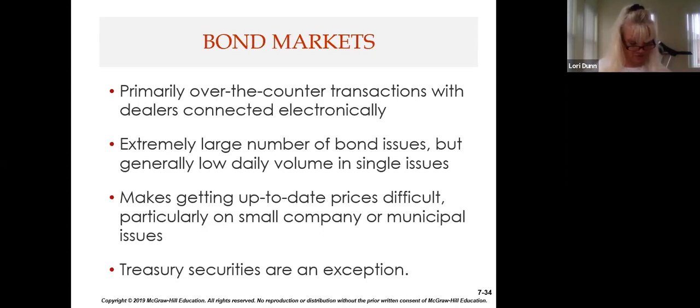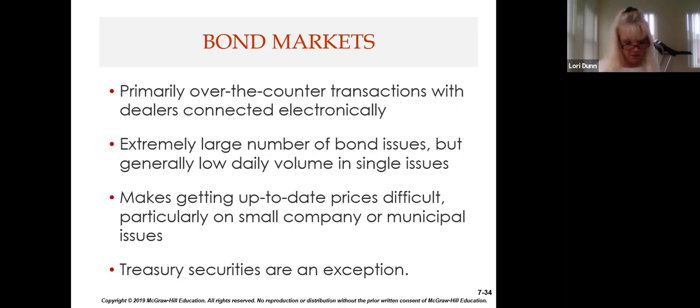So let's talk about the markets that they're actually sold in. Bond markets are primarily OTCs, over the counters, with dealers connected electronically. So there's not a market like the New York Stock Exchange. It's primarily all computerized. There's an extremely large number of bond issues, but generally very low daily volume in single issues.